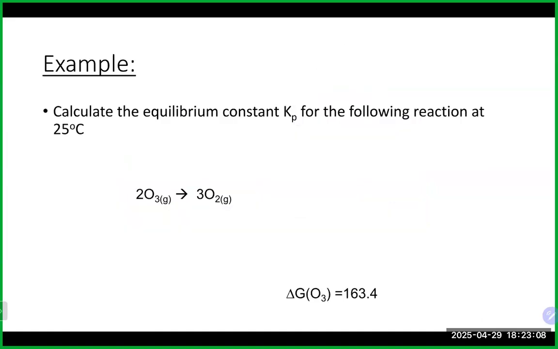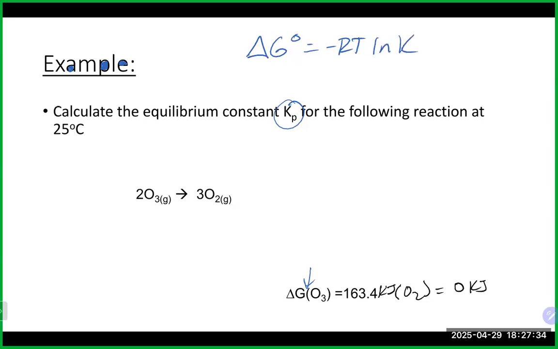All right, so let's do some calculations, shall we? Calculate the equilibrium constant Kp for the reaction at 25 degrees. I see equilibrium and constant, I see some delta G, so I'm going to pick the one that has all those things in it, and that should be this one.